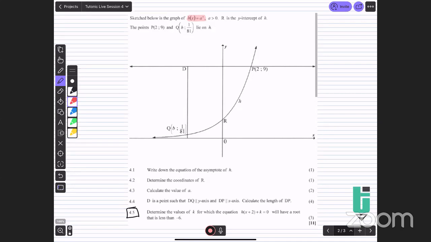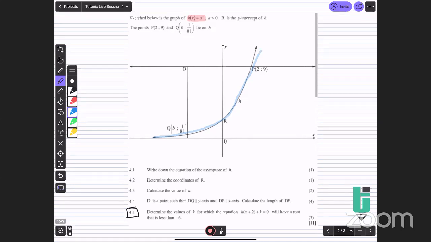So this is an exponential graph. Just tell me, what are the things you know about exponential graphs? What can you tell me? The exponent is an asymptote. Say it again.